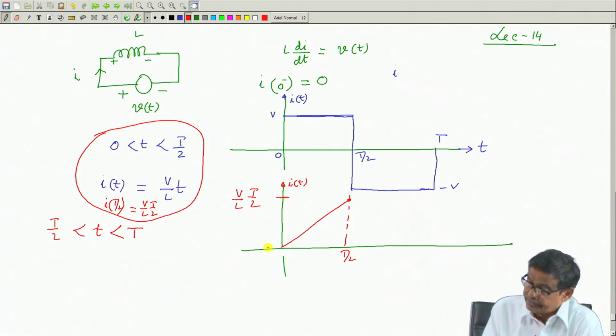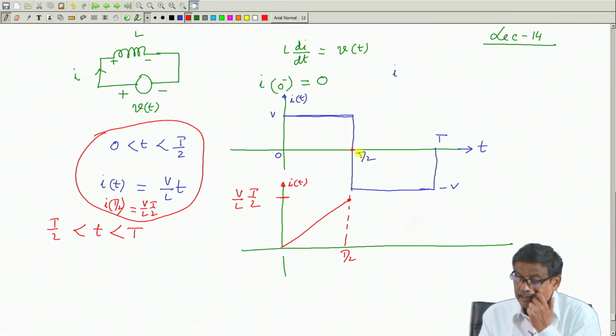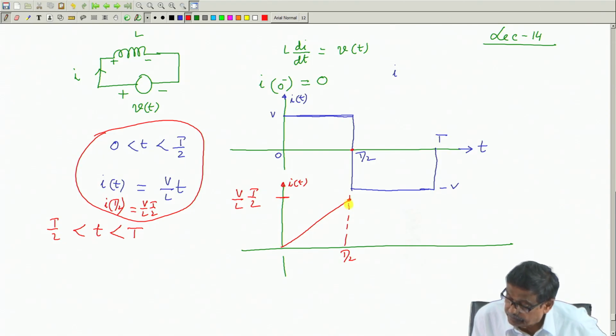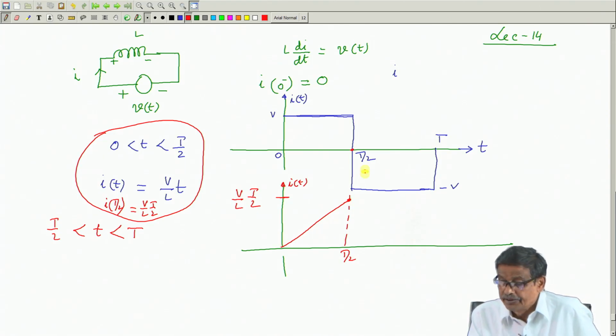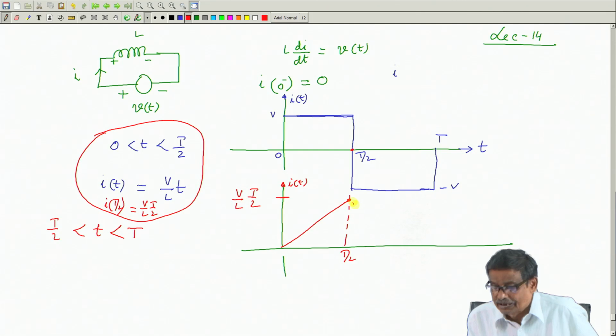At t equal to T by 2, the inductor had some initial current of this magnitude, and you have done as if some switching, so that it has become a negative voltage. But current cannot change instantaneously, it will maintain this current at t equal to T by 2 plus as well; only from here it will start.